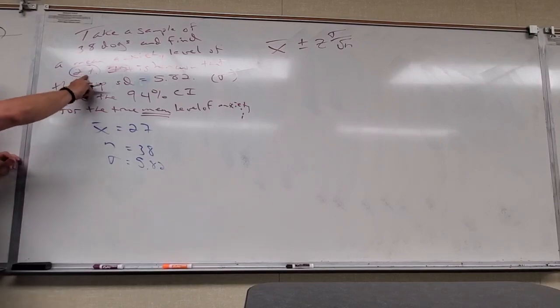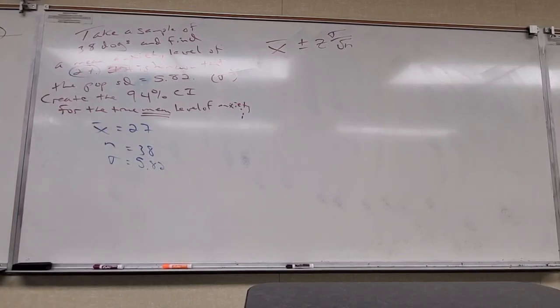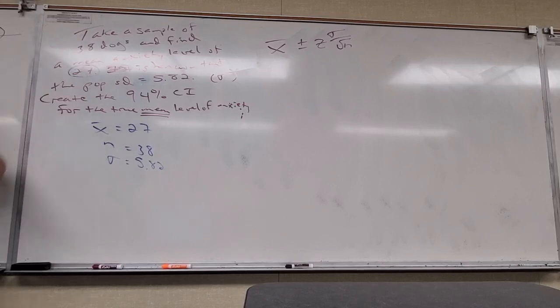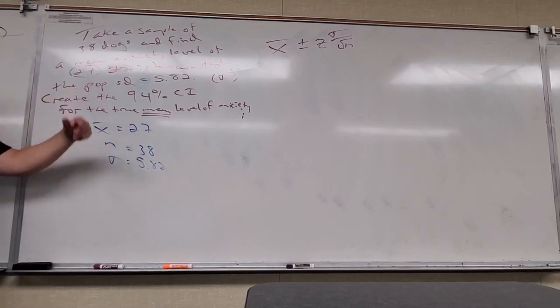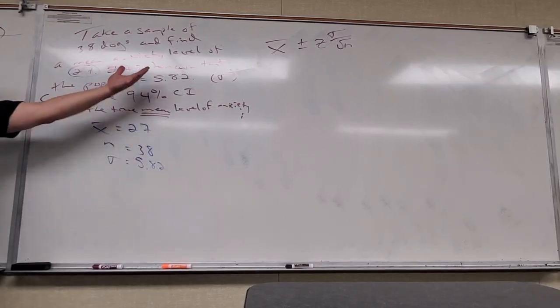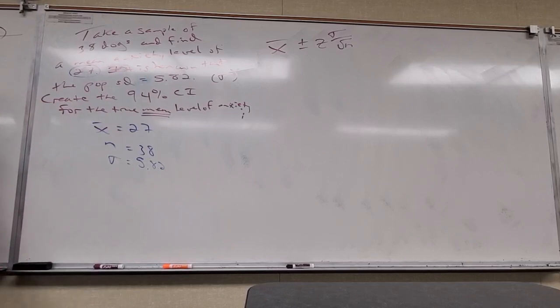This, where'd that come from? That came from the population. No. We take a sample of 38 dogs and we find the mean. So that came from the sample. If that was mu, we're done. I wouldn't do anything. That's what we're looking for. Yeah, we're trying to get a feel for what mu really is.